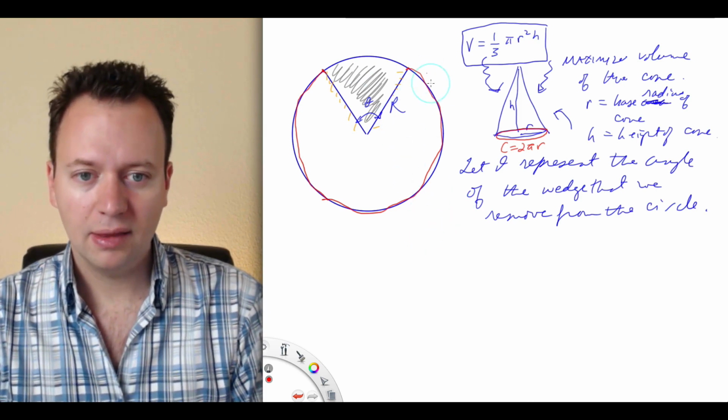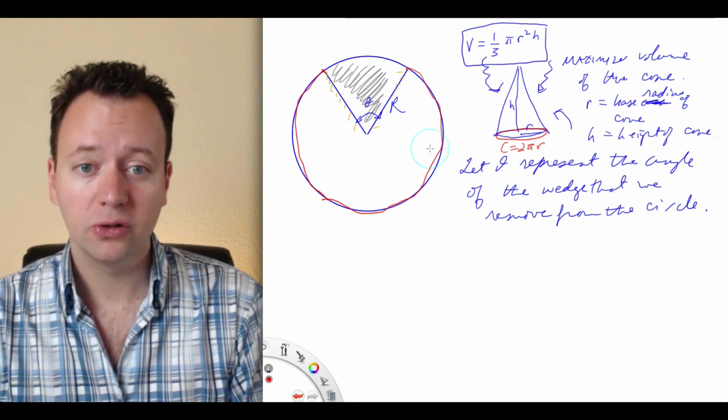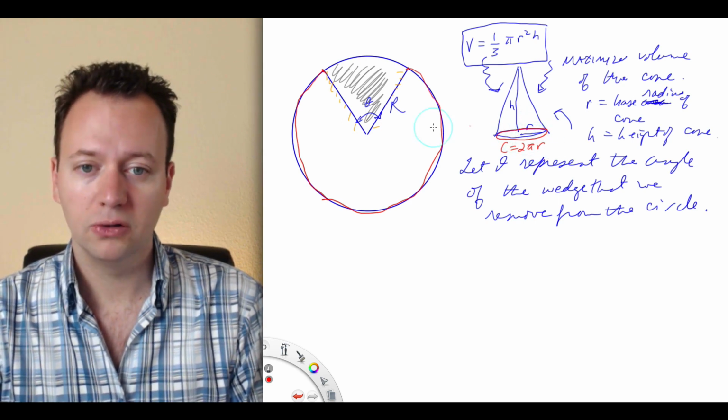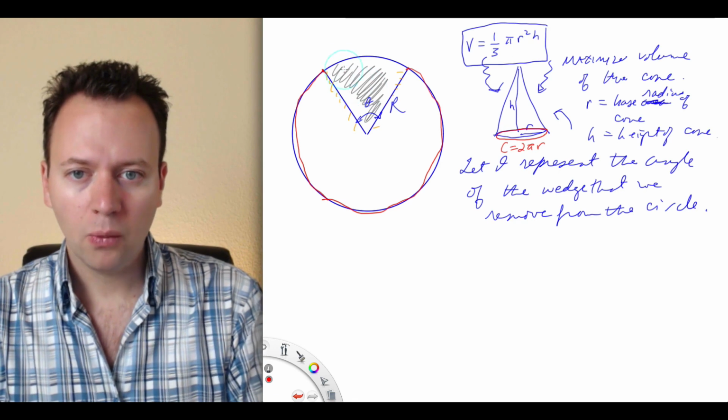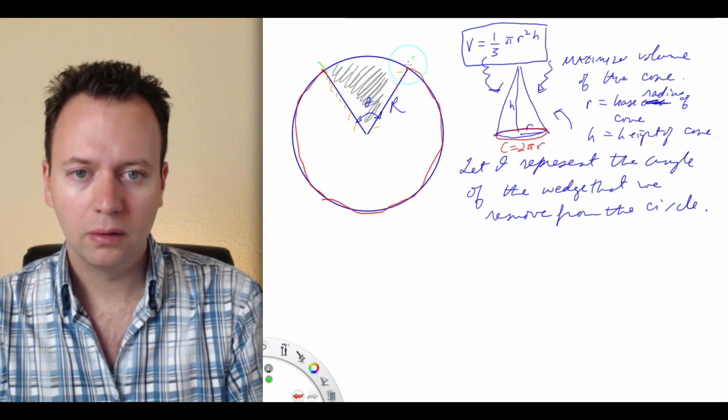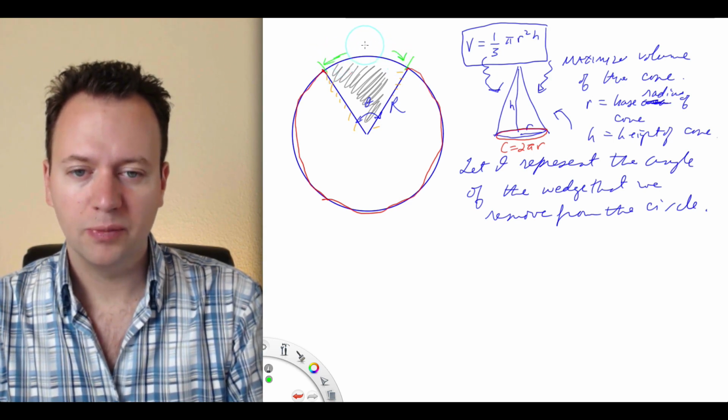And so what is that length? If we have this length in terms of theta, we can then represent the circumference of the cone in terms of theta. Well, the arc length that was removed, so this arc length right here, is going to be given by r times theta.